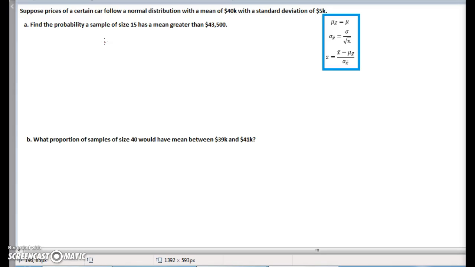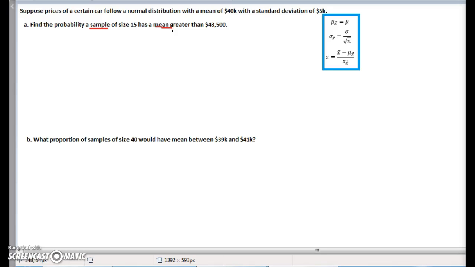Well, the answer to that is that the thing they are asking for is the probability of a sample mean. So anytime it says the mean of the sample or the sample mean, that's going to be a central limit theorem problem.